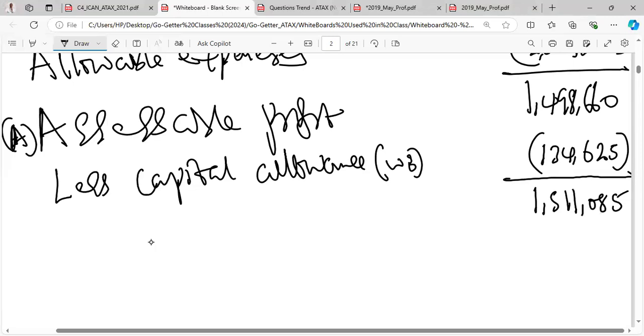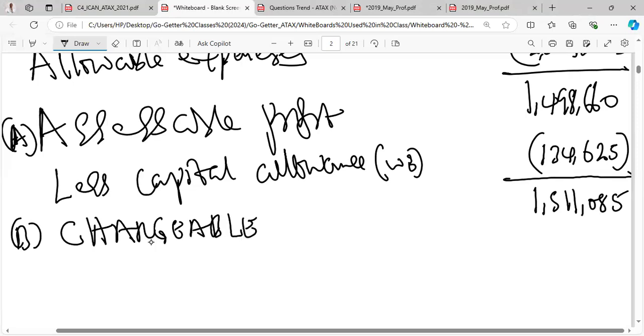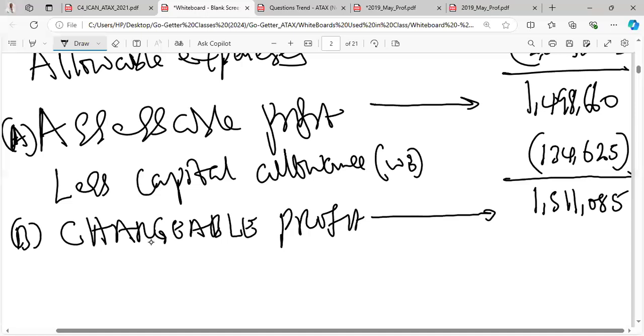So this is your B part of your question, chargeable profits. This is your assessable profit, and this is your chargeable profit. Okay.